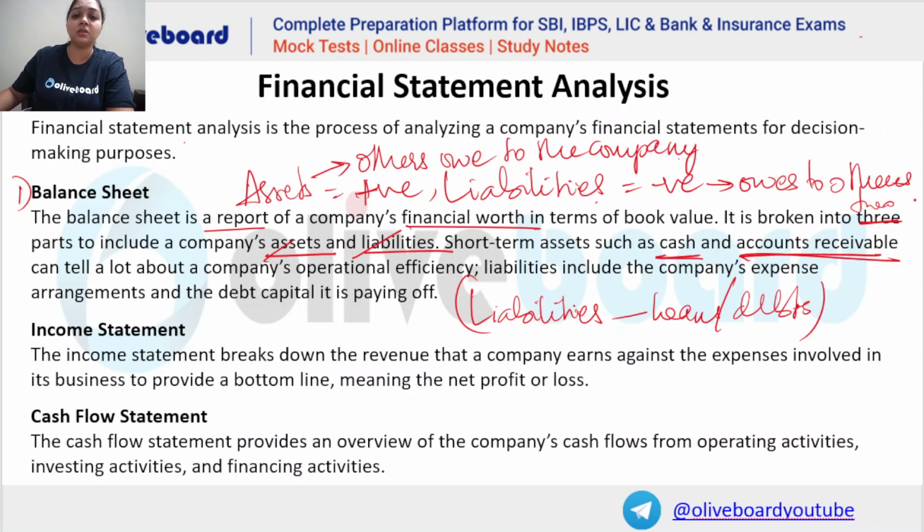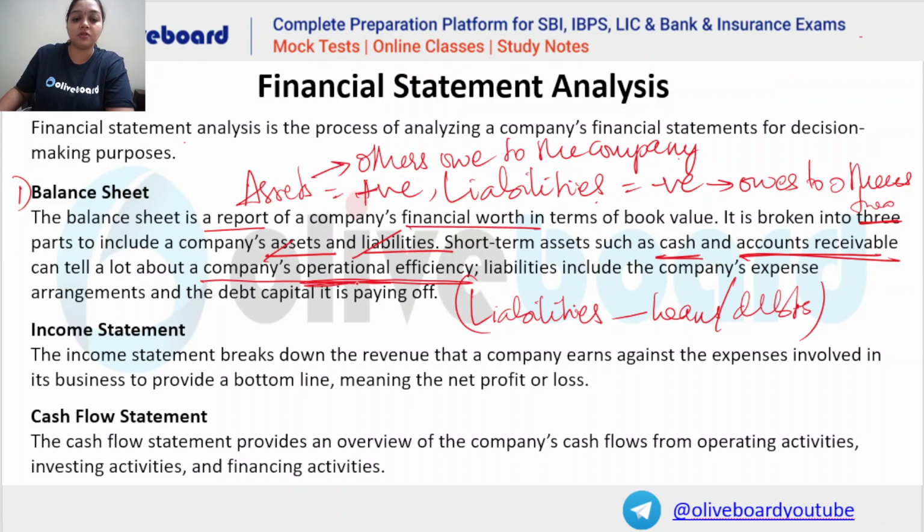Accounts receivable means there will be a note or a contract which says that okay, in 1 month or in 2 months' time this person will pay the company this much amount. That is accounts receivable. It might be receivable immediately or in the future, but whatever it is, it is coming into the company, so it's a positive thing. Someone else owes the company, so we will get money, right?